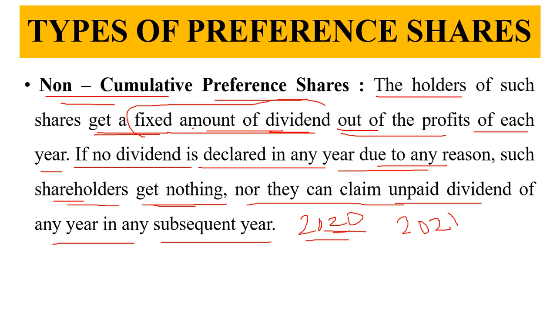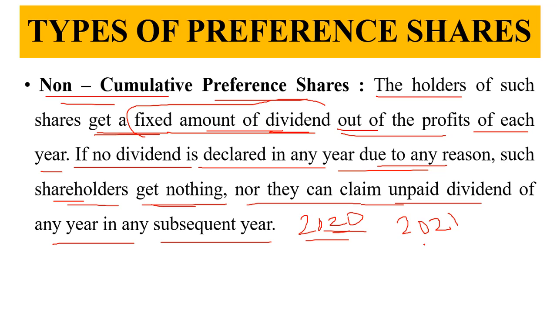Clear? Whereas the cumulative preference shareholders can claim or get the pending dividend also. Suppose in 2020 the cumulative preference shareholder did not get dividend.